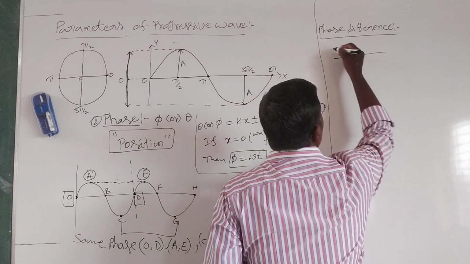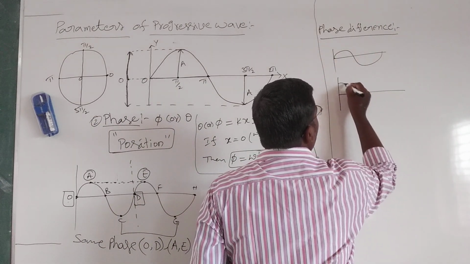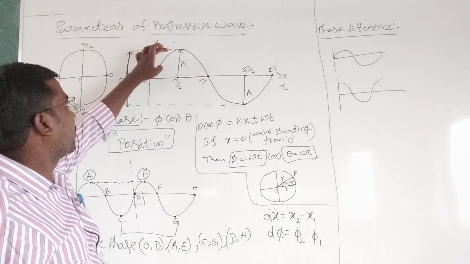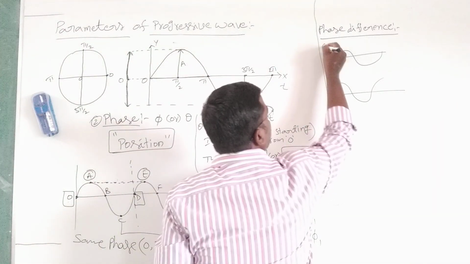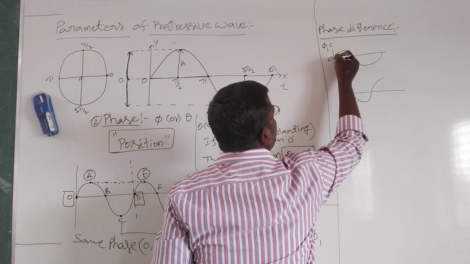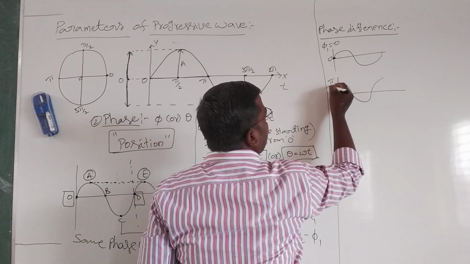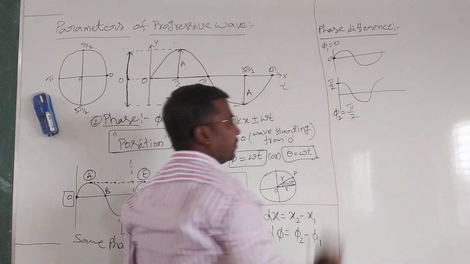Okay? And what is phase difference? We consider two waves. One wave starting from origin and another wave is starting from maximum displacement position. That is, first one phase is phi 1 equal to 0, as it starts from 0. Then second wave is starting from phase pi by 2, that is phi 2 equal to pi by 2.